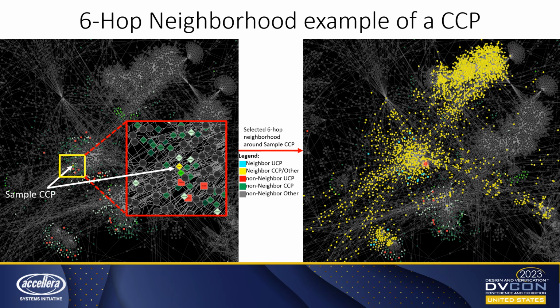The reason is that if you zoom in, it will be clear that although they have been rendered in this graph farther from the CCP, from a hop distance perspective they are actually closer than these guys. And the reason they are rendered farther is because they are closely associated with some of the nodes here. So that shows a visual representation of what the 6-hop neighborhood of a CCP looks like.